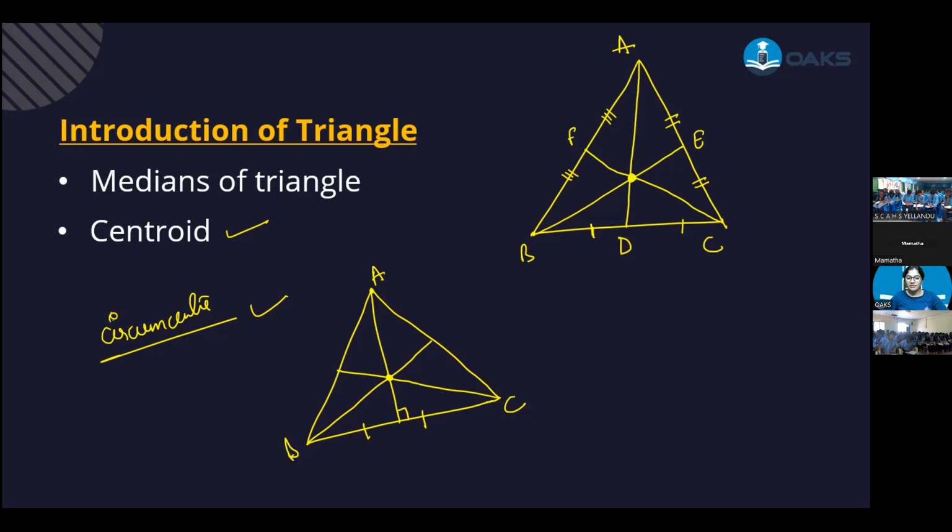Now you will be thinking where this circumcenter and centroid will be used. In some advanced questions, it is directly said that G is the centroid of the triangle. Then you have to revise it. Centroid is the intersecting point of all the medians. Circumcenter is the intersecting point of all the perpendicular bisectors. Orthocenter is the intersecting point of all the altitudes.